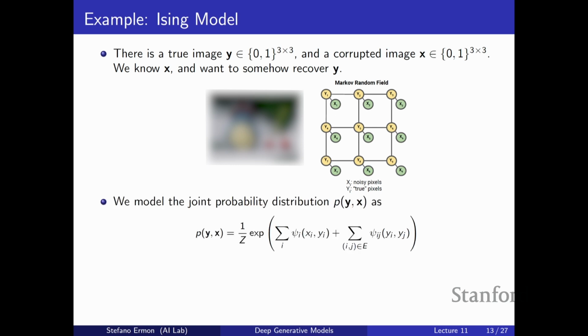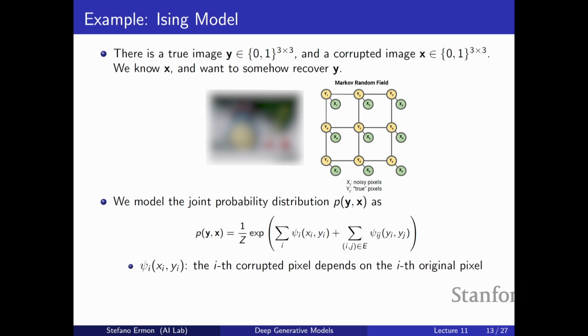One way to do it is to have a joint probability distribution, which is going to be an energy-based model. So we're saying that the probability of observing a clean image y and a corresponding noisy image x has this functional form where there is the normalization constant, and then it's the exponential of some relatively simple function, which is the negative energy in this case.